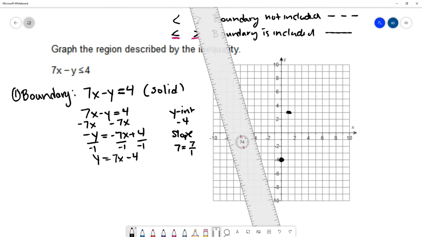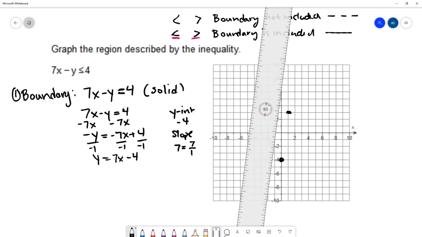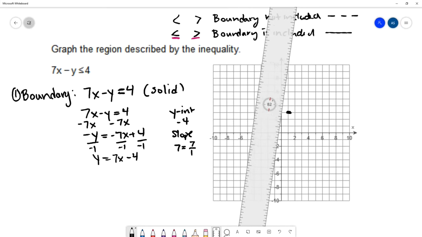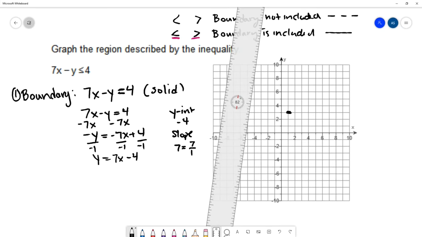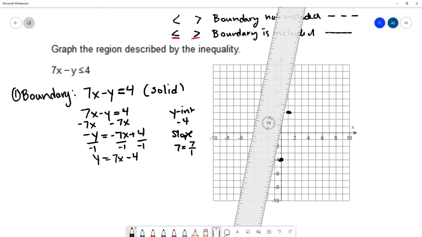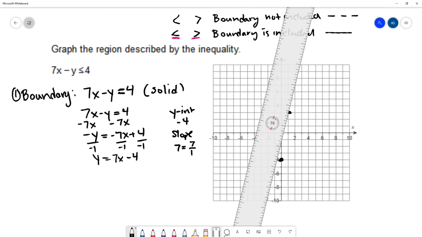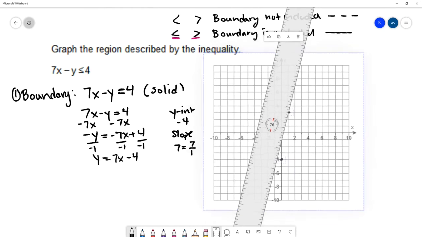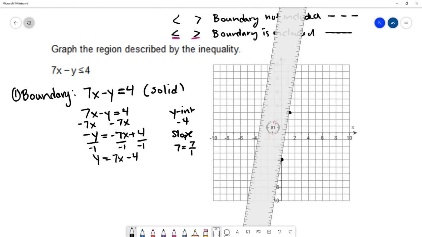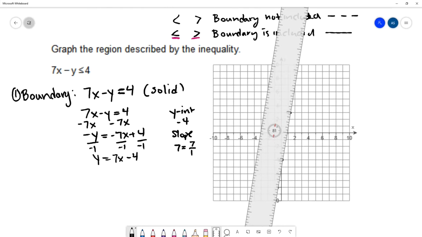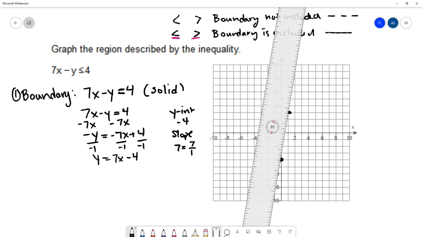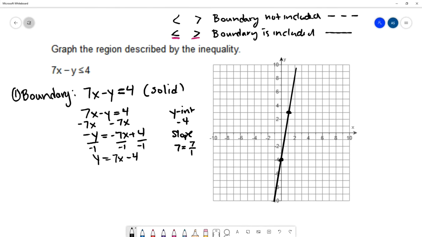So now we have 2 points on the line, and we'll connect those 2 points with a solid line because that boundary is included. So that's the first part, the boundary line. Then we want to do the shading.